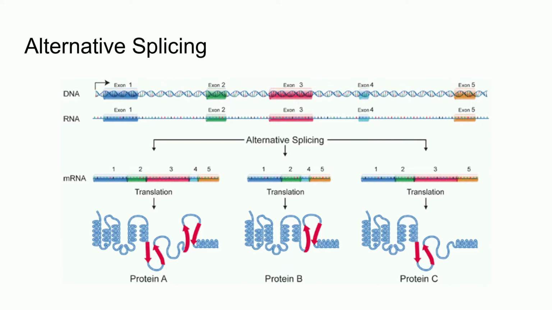The most common form of alternative splicing is exon skipping, where certain exons are left out of the final transcript, as depicted here. Proteins A, B, and C are all protein isoforms derived from the same gene. An example of alternative spliced proteins are hormones. There are other processes and configurations of alternative splicing, but I will leave those for you to look up if you are interested.